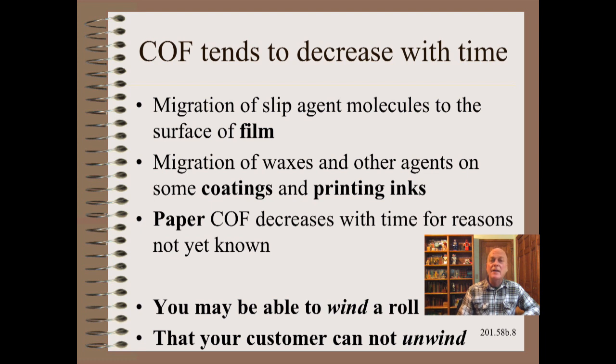On the other hand, paper grades that vibrated when wound in the paper mill might be rewound at the customer some months later with little or no difficulty. Again, because the COF dropped during storage.